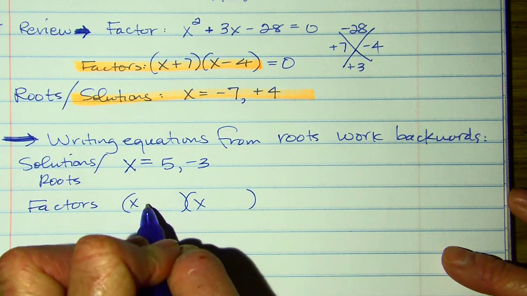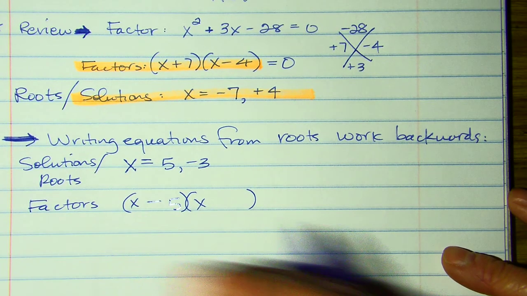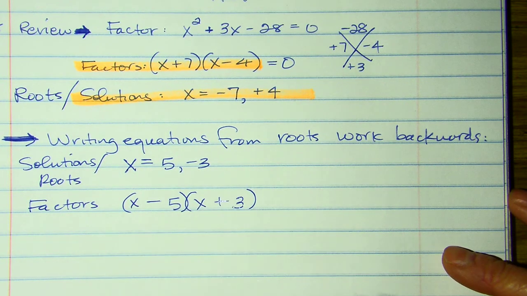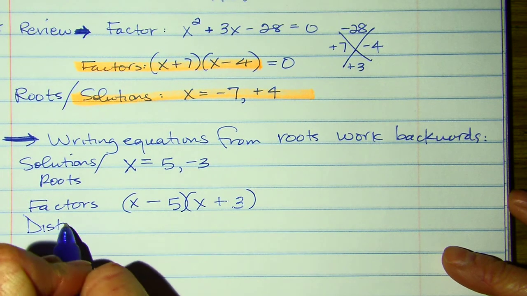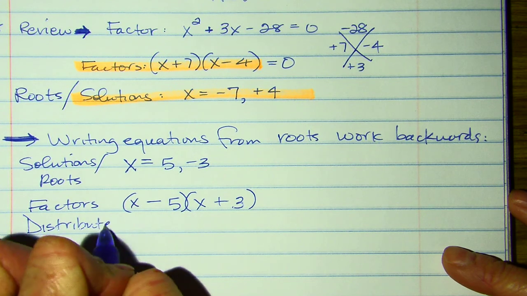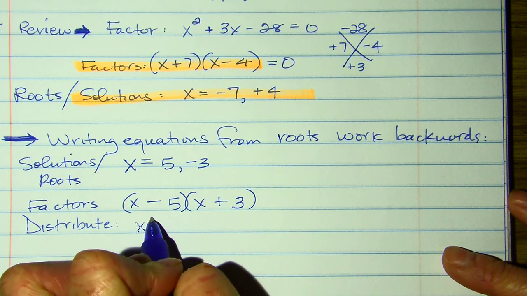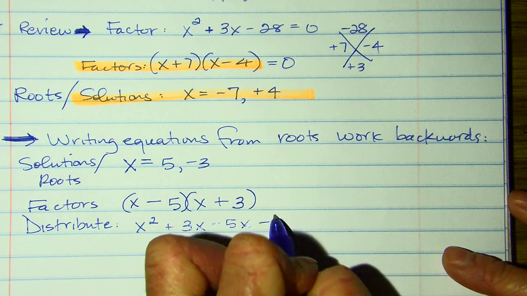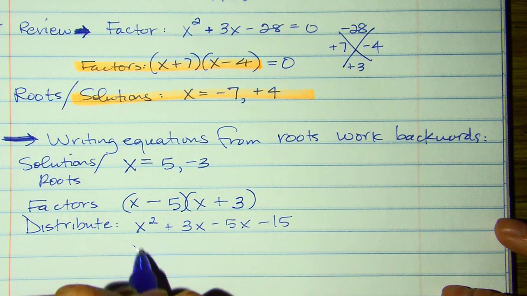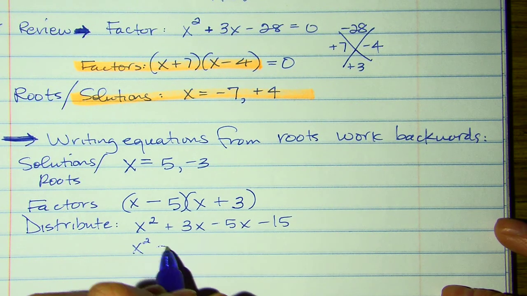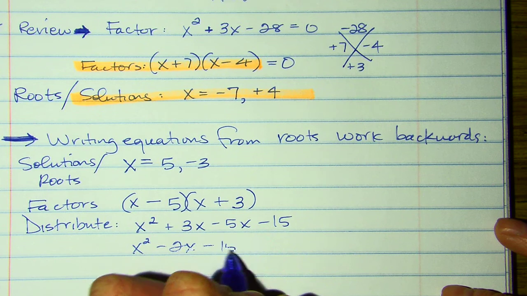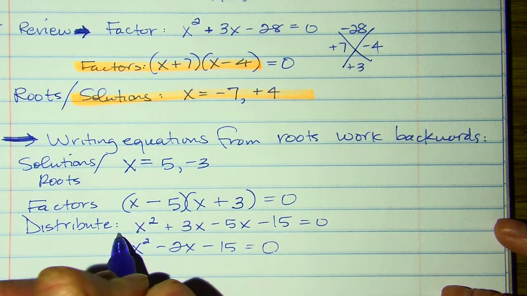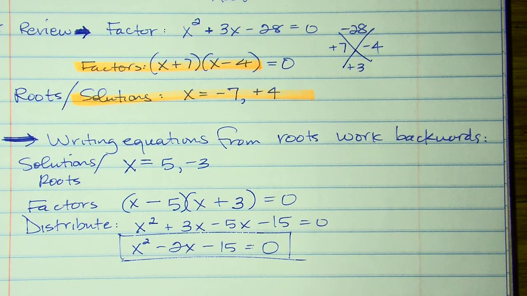So if this is positive 5, our factor is negative 5. If this is negative 3, our factor is positive 3. Then I'm going to distribute to get it into standard form. x times x is x squared plus 3x minus 5x minus 15. So our equation would be x squared minus 2x minus 15, and technically this is equal to 0 because they were roots or solutions.